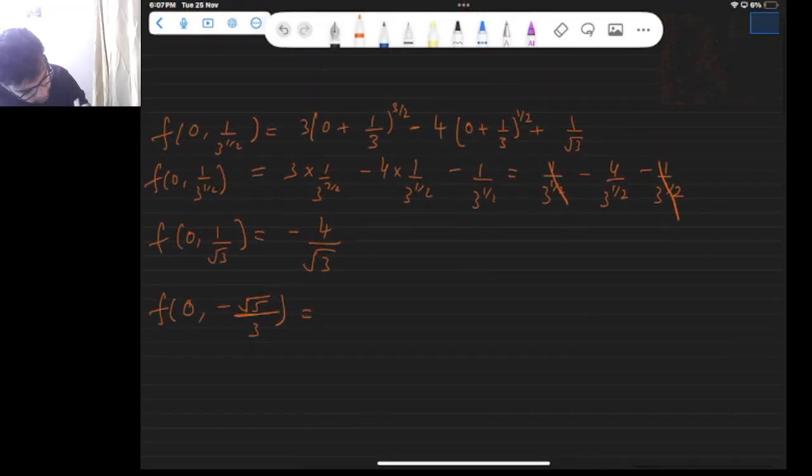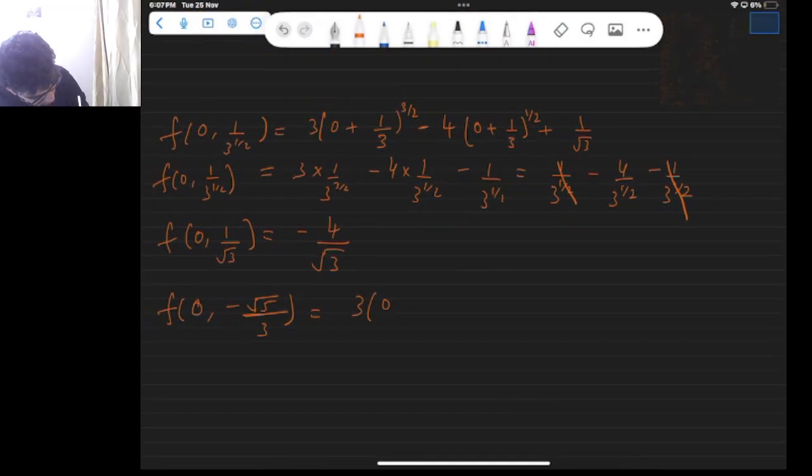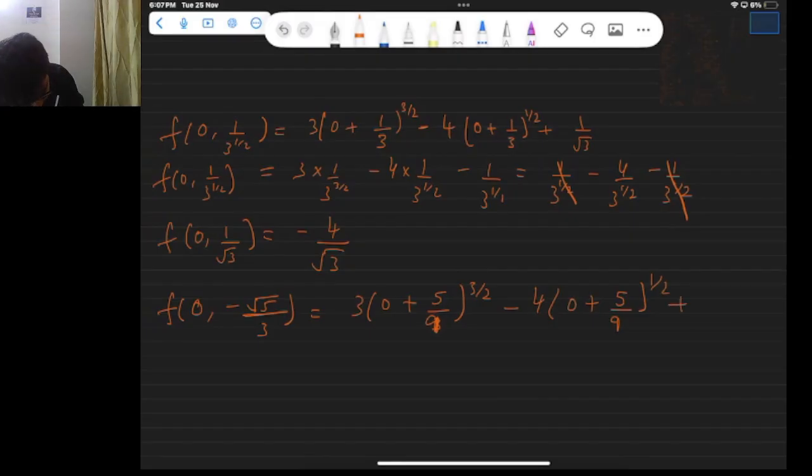So again, if I just substitute 0, 3, 0 plus, now the square of this will be 5 upon 3, this will be 5 upon 3, 5 upon 9 to the power 3 by 2 minus 4, 0 plus 5 upon 9 to the power half plus negative root 5 upon 3, right?